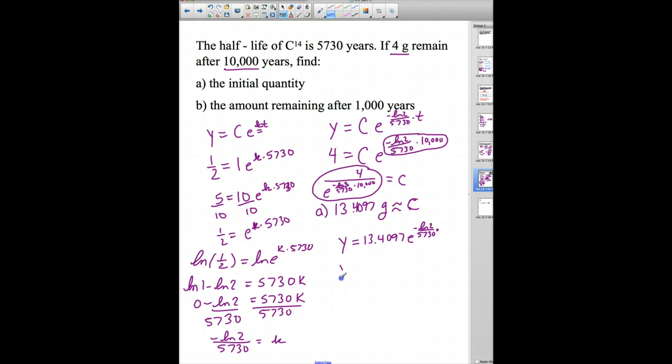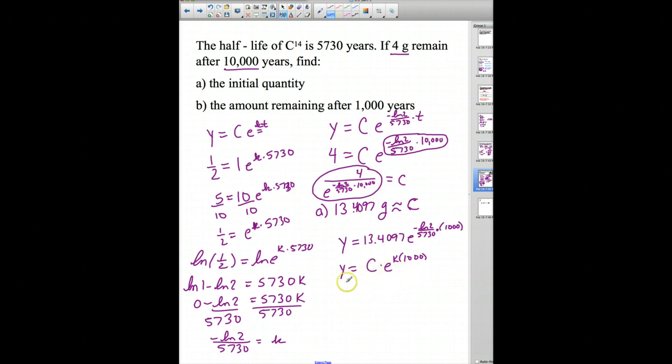So I would type in y equals C, using whatever stored value I have here, times e to the k, and maybe I stored that in k, and then times 1,000 years. So the less typing in, the better. So after you calculate a value like this, just store it in k and store this in c, and then you wouldn't have to retype it all.